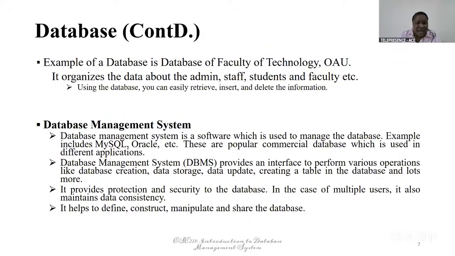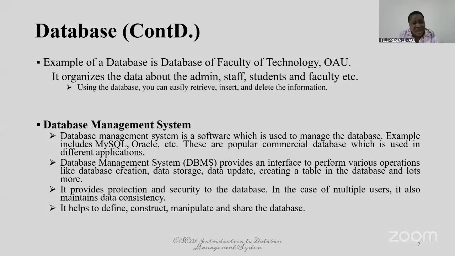So a database management system, like I told us, is an application program. Please let's have that in our mind. You can as well call it a database management system, or you refer to it as DBMS. It's just an application that we use in operating the database.